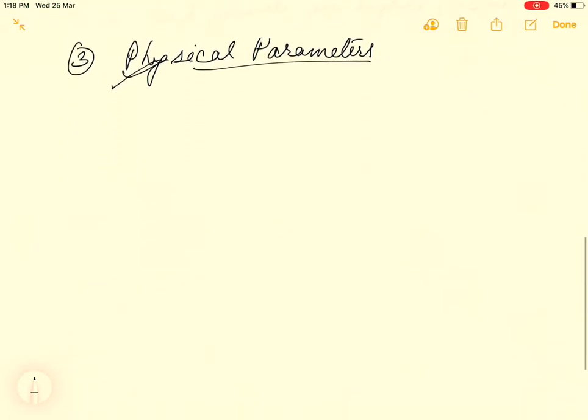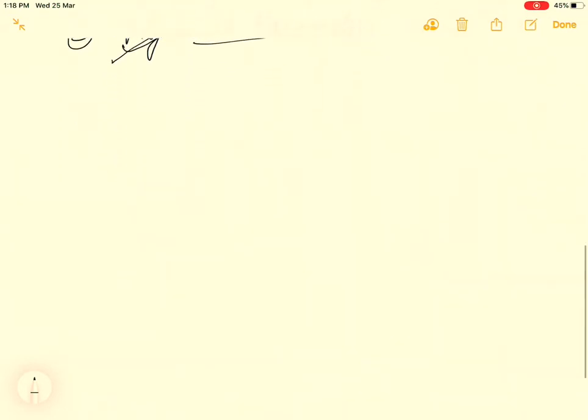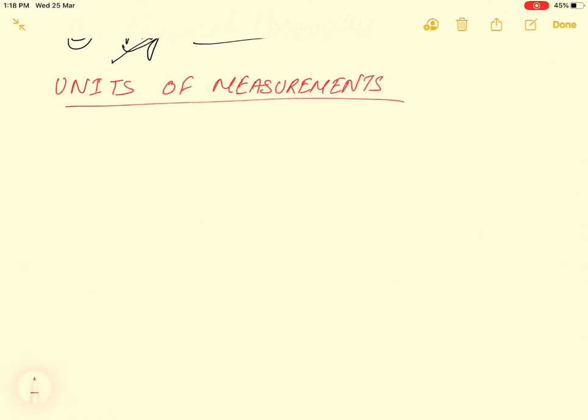Today we'll be starting with units of measurements. What are units of measurements? Generally, units of measurement are applicable for physical and chemical parameters.